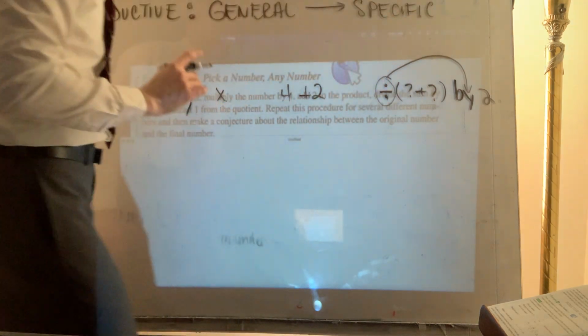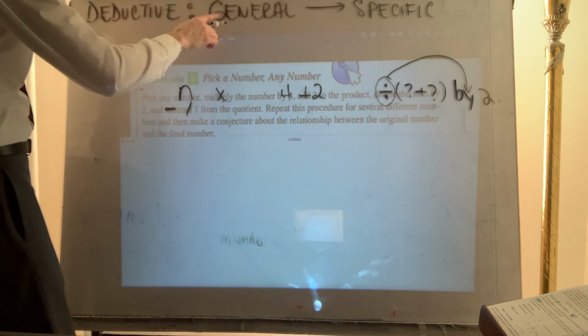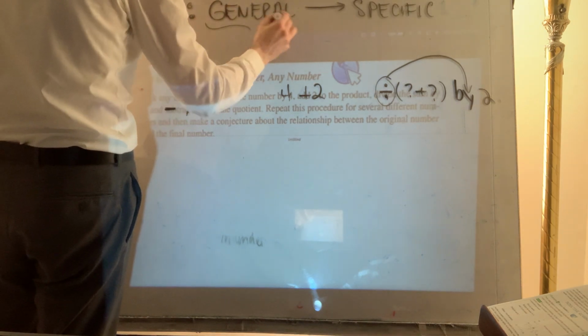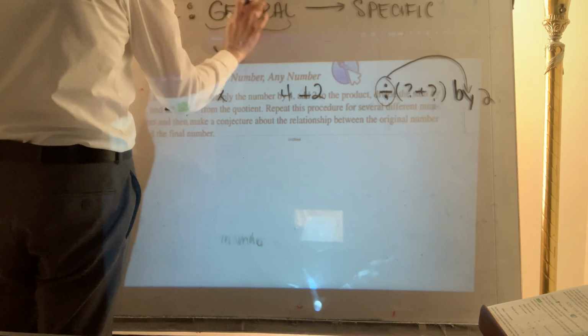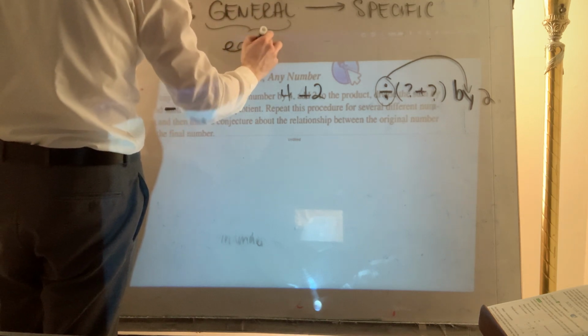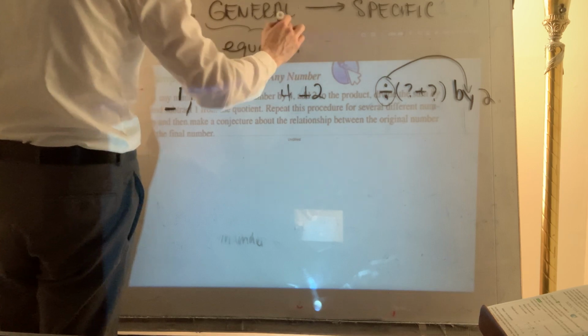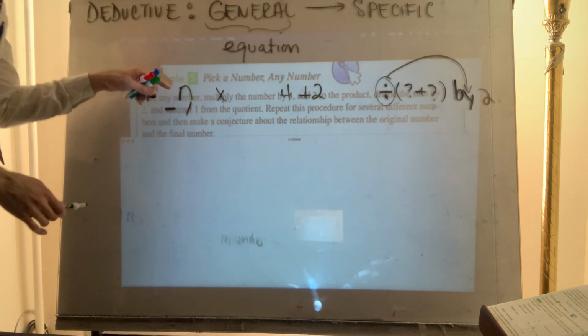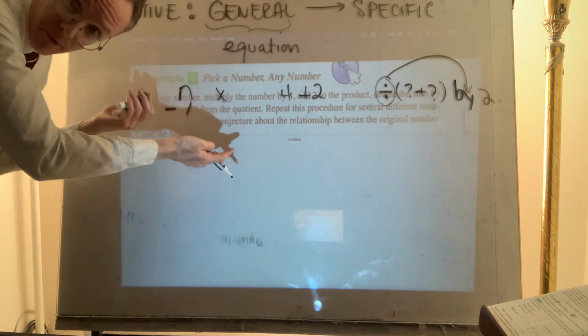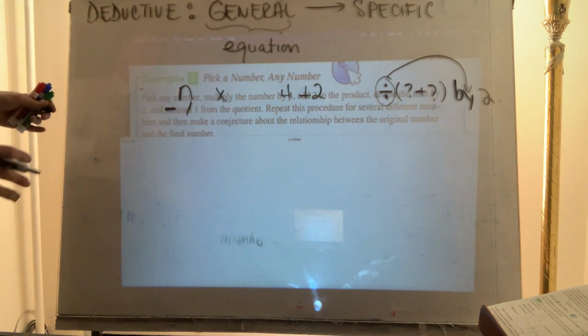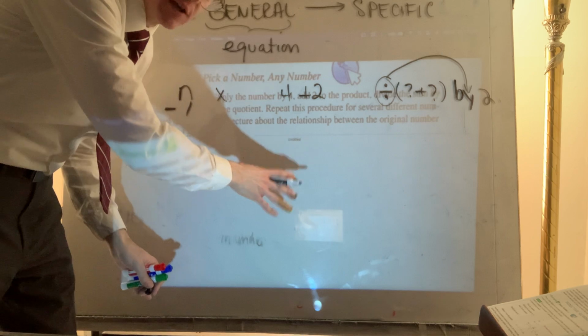The cheat that we're going to use is that our general statement is going to be in the form of an equation, because using the letter n will generalize any number. So we just have to arrange it in a nice way.